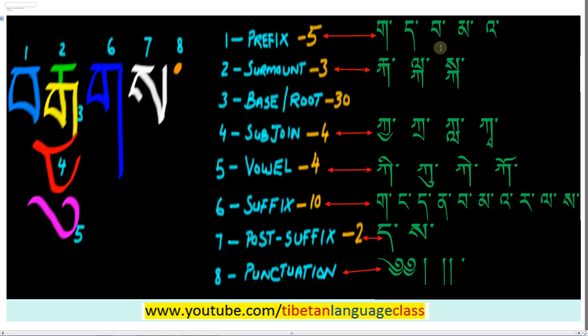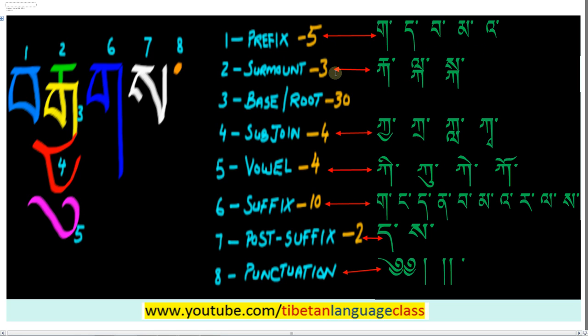And then again, there are letters for which a couple of these could be used as a prefix. So it really depends on the word itself. So we have 5 prefixes. It's ka, ta, pa, ma, and ah.